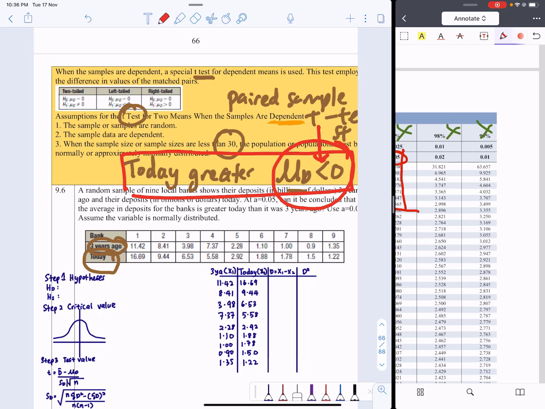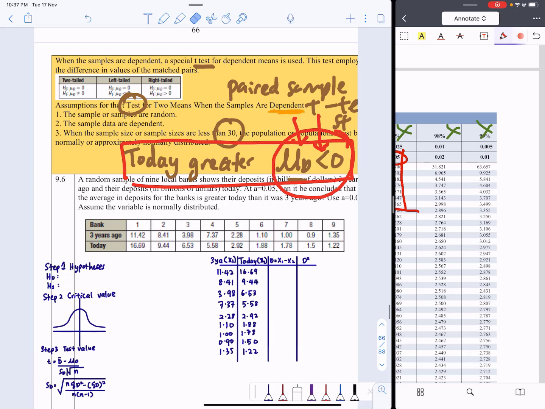This one is just 1 mark. The highest marks that can be given is 2 marks. It will not exceed that. Don't burden yourself with something that is not really that important. Remember as little as this, then you can write it correctly. Today greater, the mean D is less than 0. If today is less, then it will be greater than 0. Okay, fine. Already explained that.